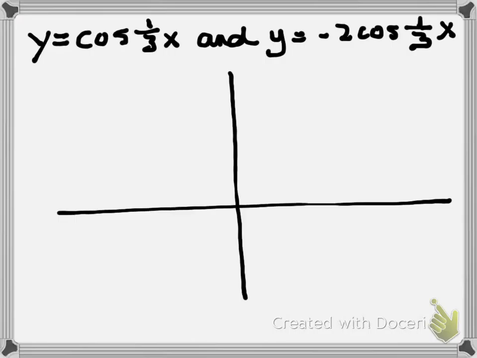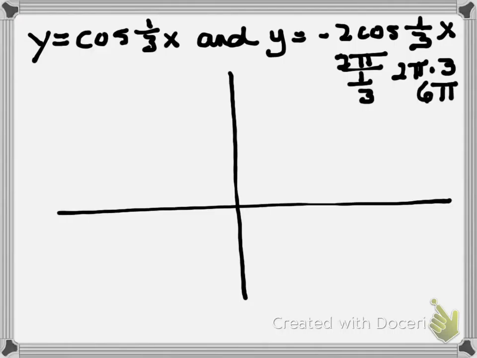Now if I'm only seeing 1/3 of the graph by 2 pi, it's taking 2 pi and dividing it by 1/3, which when I divide by the fraction, I flip it over and have 2 pi times 3. That is, one of the complete cosine graphs is going to be finished by 6 pi.